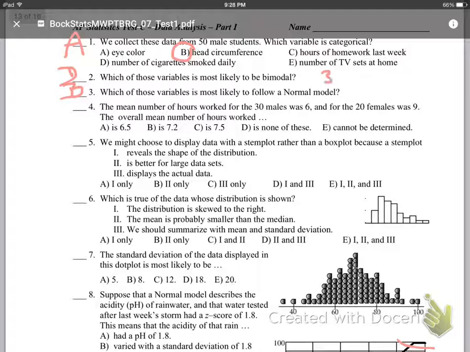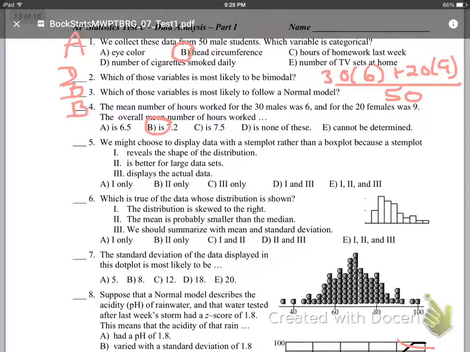So it's going to be 30 times 6 plus 20 times 9 all over. Now, how many total people do I have? 30 males, 20 females. Is going to be 50. All right, so I'm going to do the math and I'll get back to you. And I get 7.2, so the answer is B.